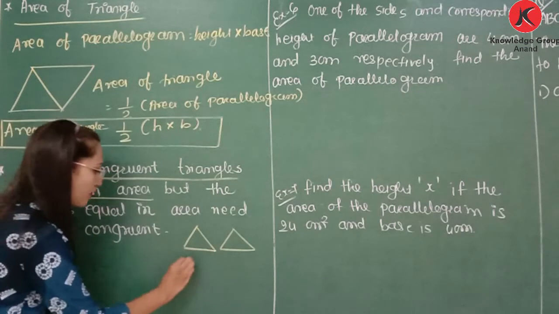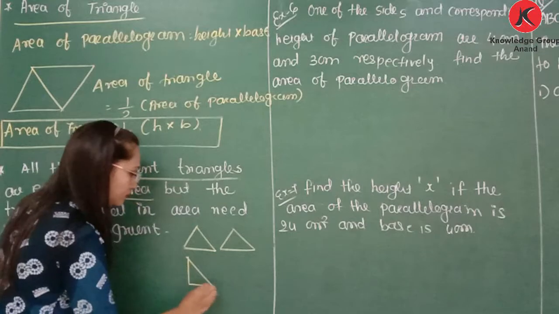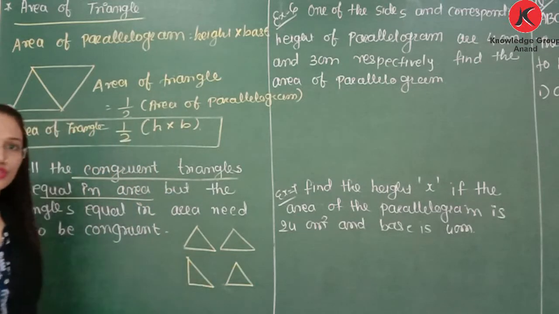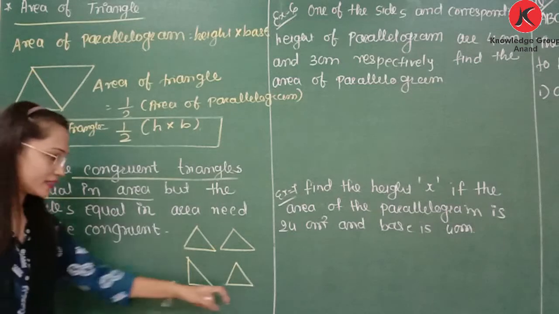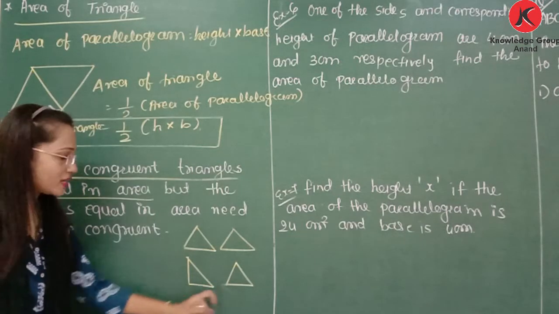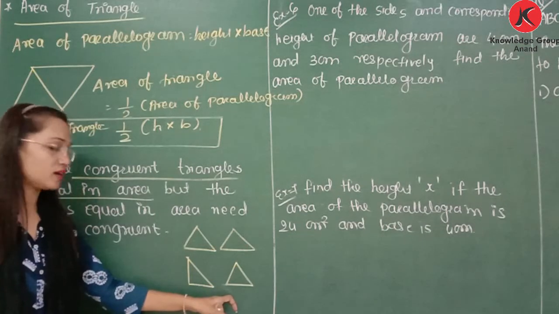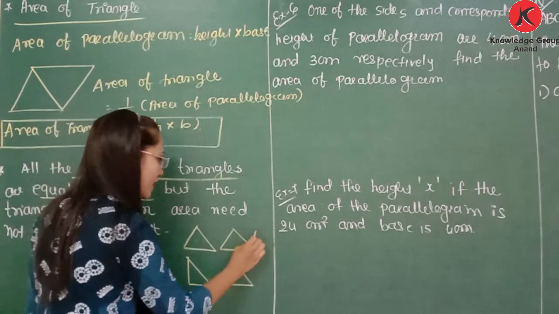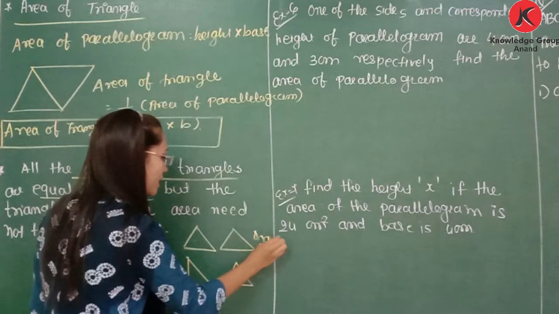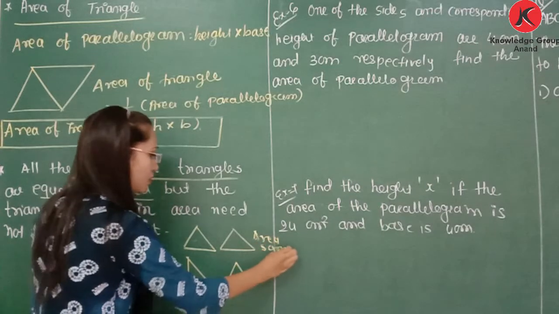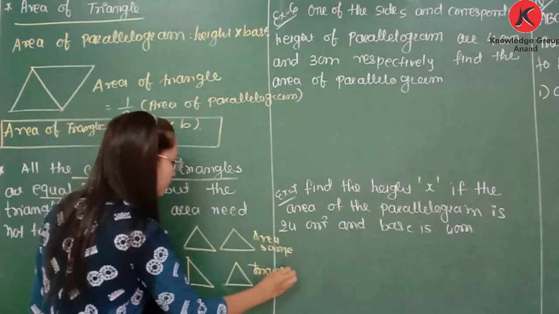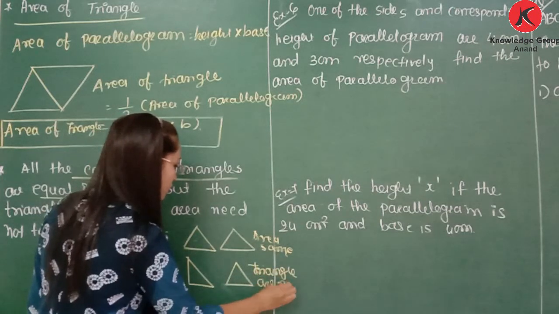But if we draw one triangle like this and one triangle like this, and the area of these two triangles is the same, are they the same? No, the area is the same, but they are not congruent triangles. So if triangles are congruent, the area is the same, but if the areas are the same, the triangles are not necessarily the same.